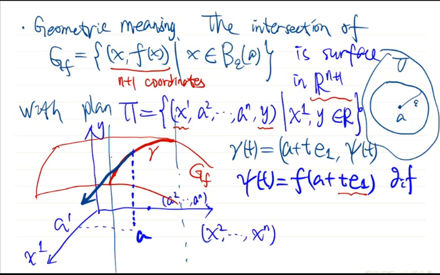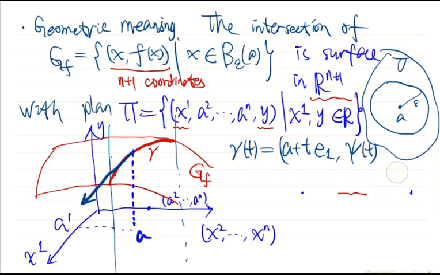I need to erase this to make space for our discussion. If we write this curve component-wise, this is exactly (a1 + t, a2, ..., an, φ(t)).